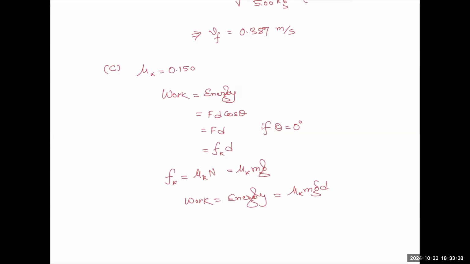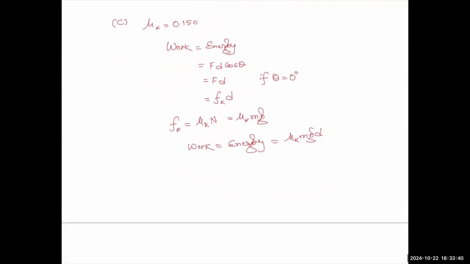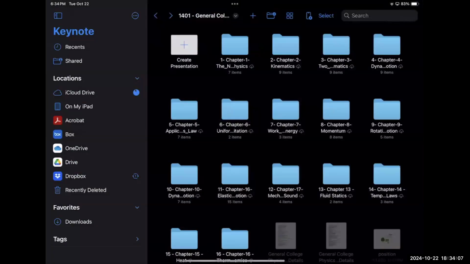Whatever force we applied or the stored energy will be lost to this friction force. So the work of friction is equal to the initial energy minus the final energy, right? Okay, let's go back into these notes and I'll show you.